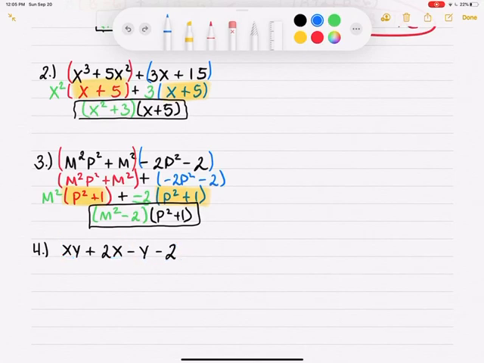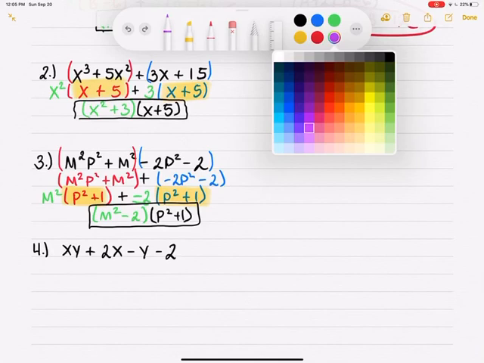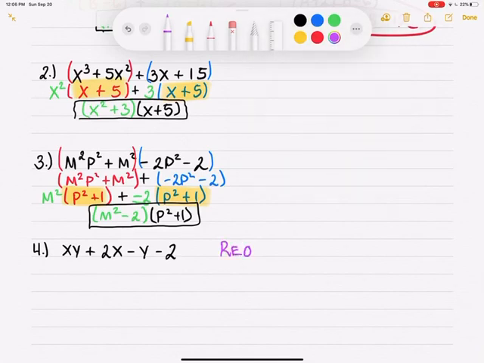When this happens, what you need to do is reorder your polynomial so that the groups have two terms, each with something in common. So I'm going to reorder this, and I'm going to put xy and negative y together. I'm going to put positive 2x and negative 2 together.